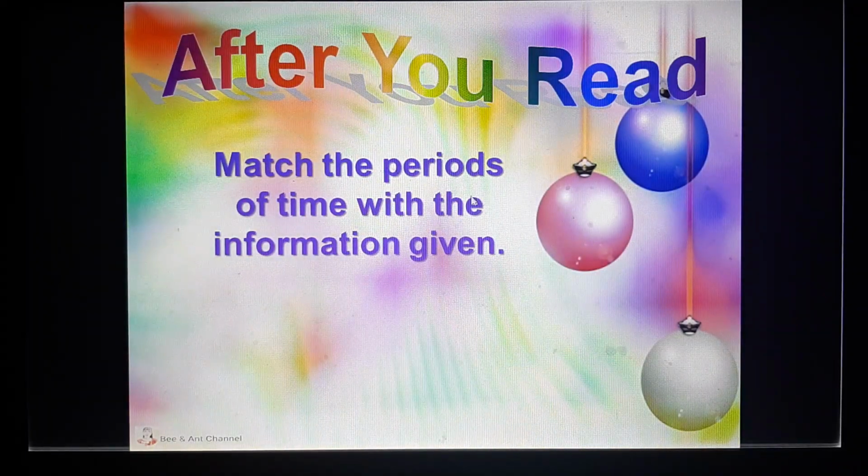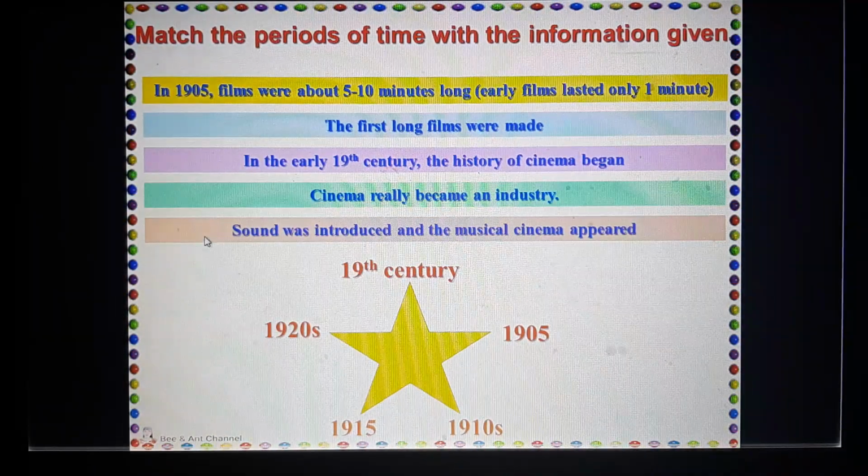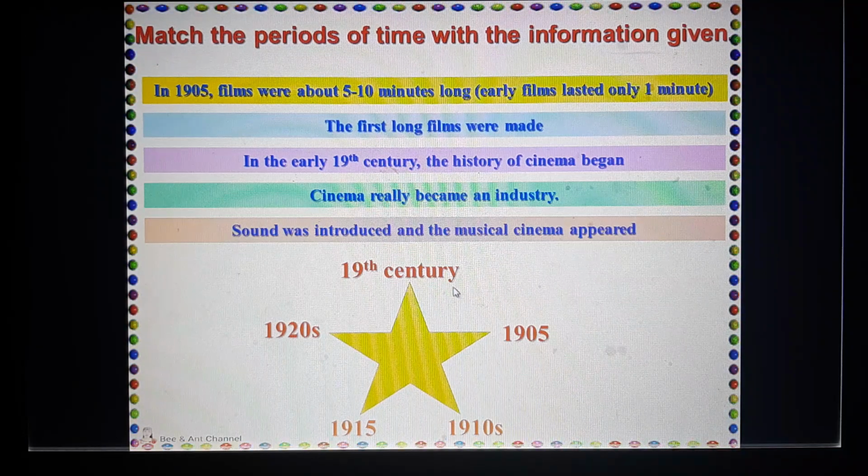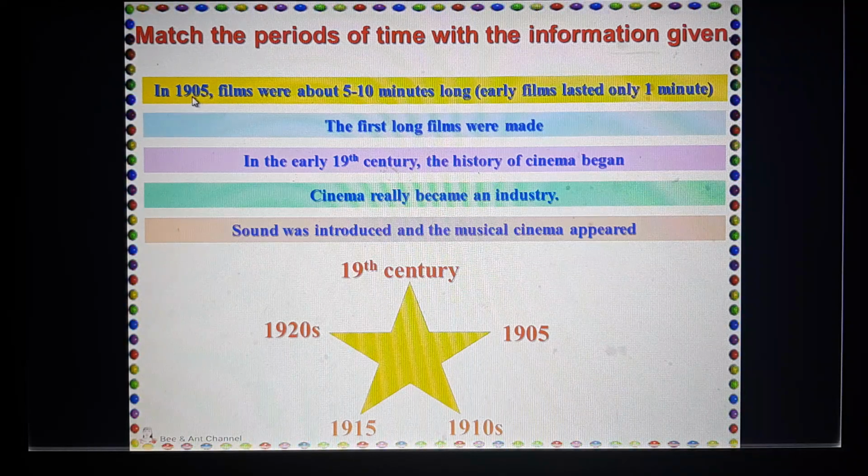After reading, now match the periods of time with the information given. We have 5 periods of time: 19th century, 1905, 1910s, 1915, and 1920. And 5 pieces of information. In 1905, films were about 5 or 10 minutes long.